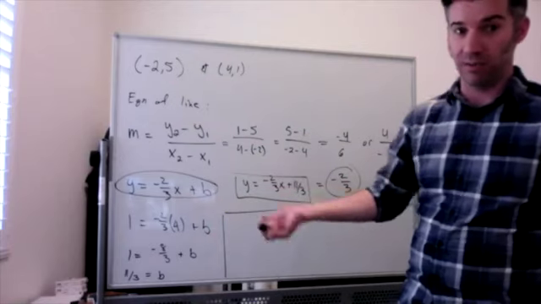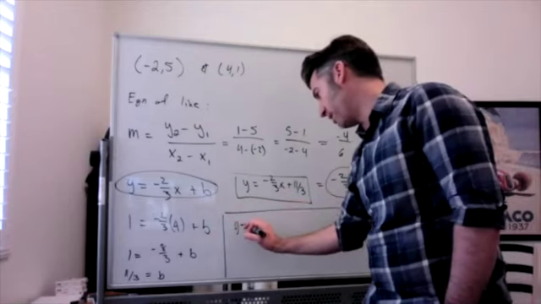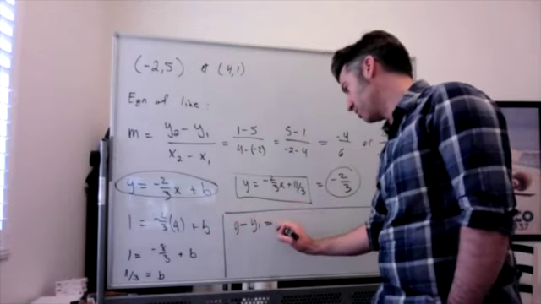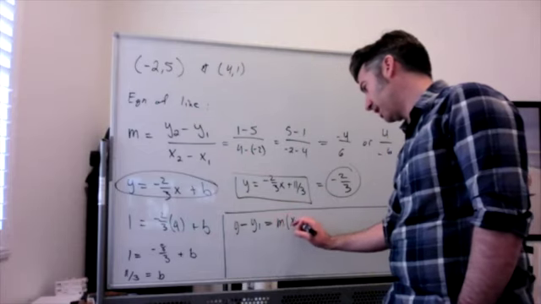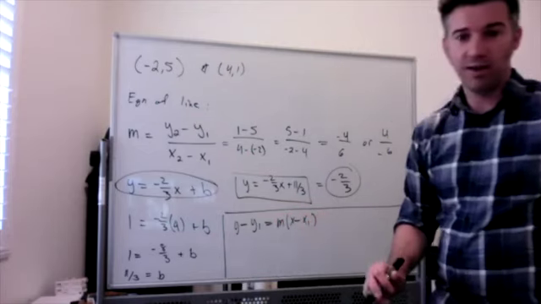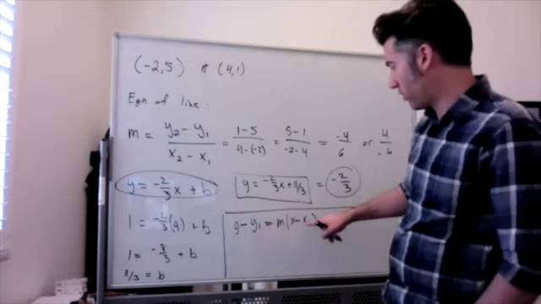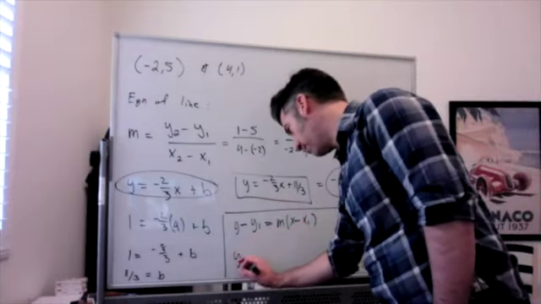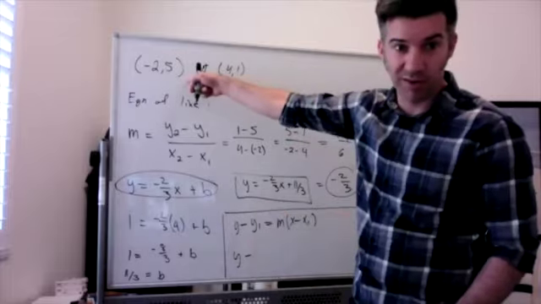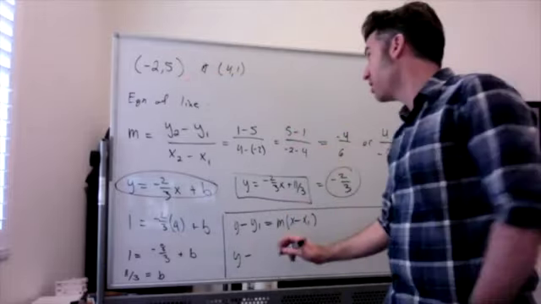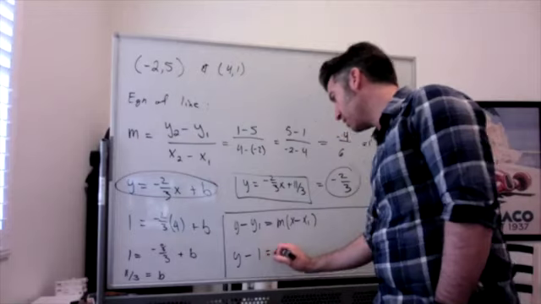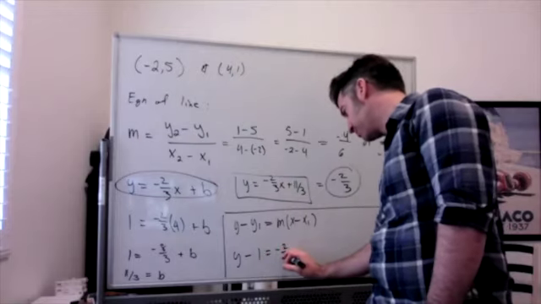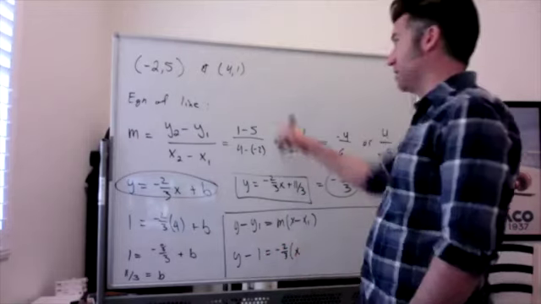There's also the point slope form, which is y minus the y coordinate equal to the slope times x minus the x coordinate. And then you plug in a corresponding x and y value and the slope. So I could say y minus 1 equals negative 2/3 times x minus 4. You can pick the same point or use the other point, it doesn't matter. You can use any point that's on the line.